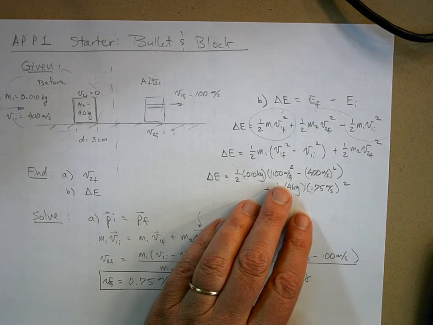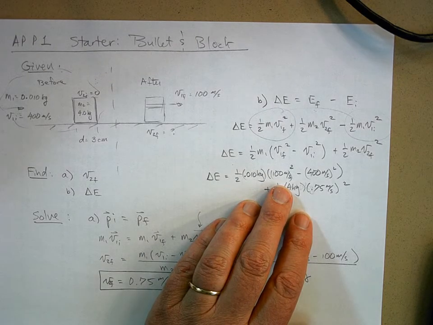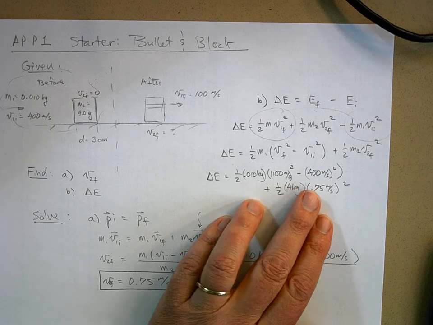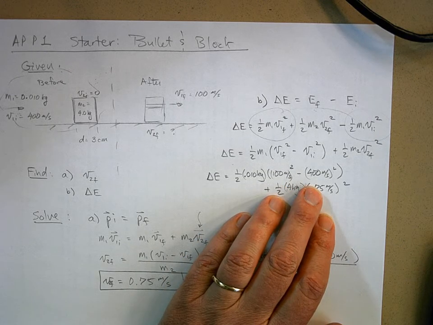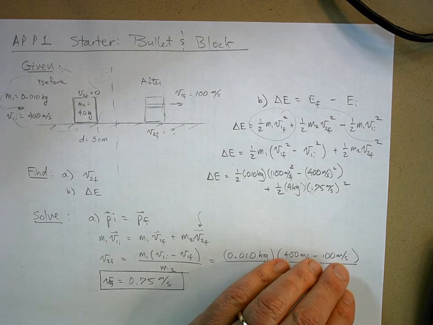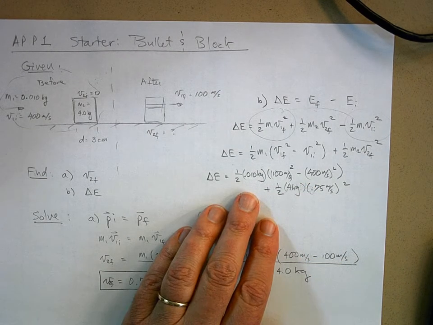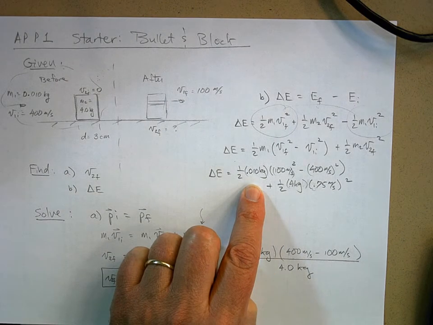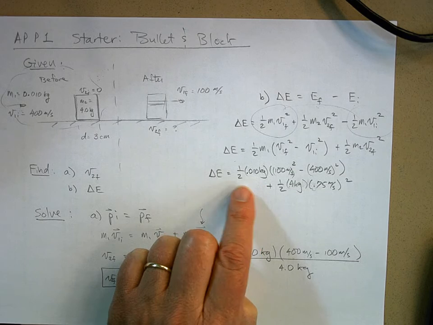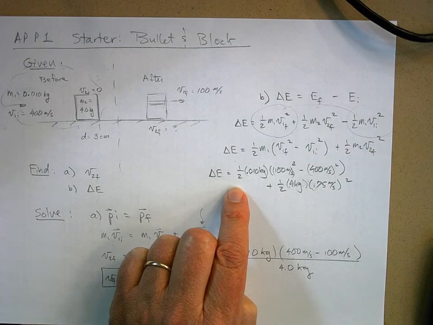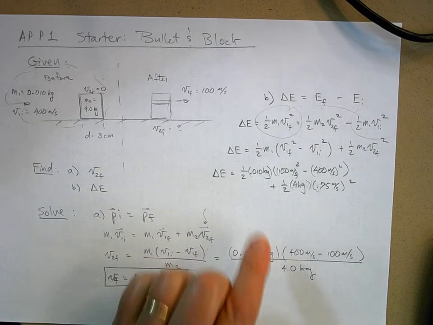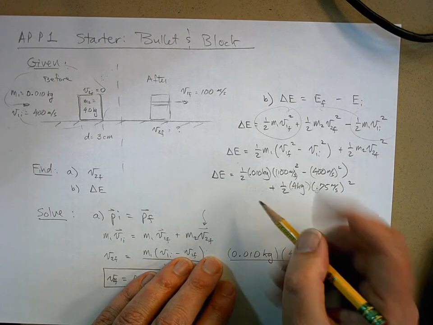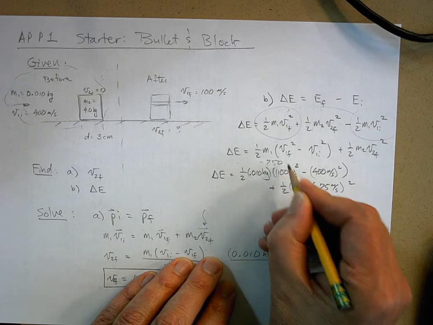So I'm going to go 100 squared minus 400 squared. And that gives me negative 150,000 times the mass and divided by 2. So this altogether is negative 750 joules.